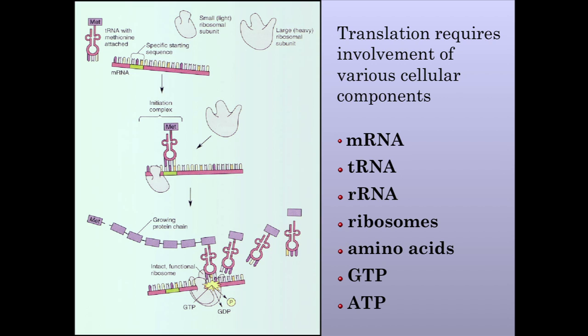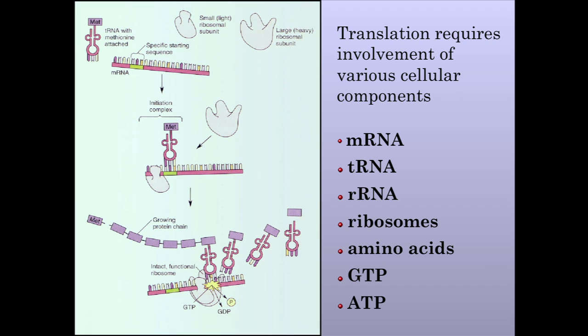Translation also requires many different components. Translating the language of RNA into the language of protein requires the mRNA, the message, and these transfer RNAs. These are also encoded for in the nucleus. There are 20 transfer RNAs that link up the amino acid and bring it into place to match the template.